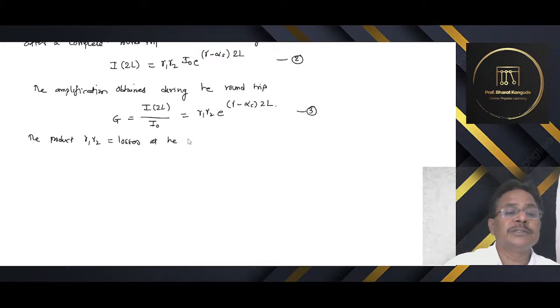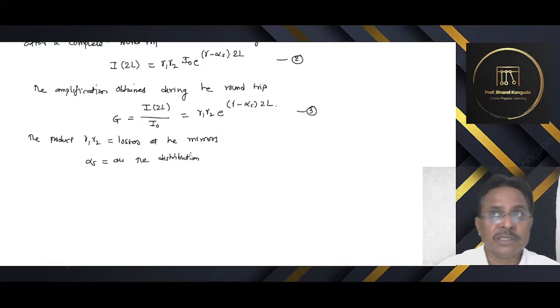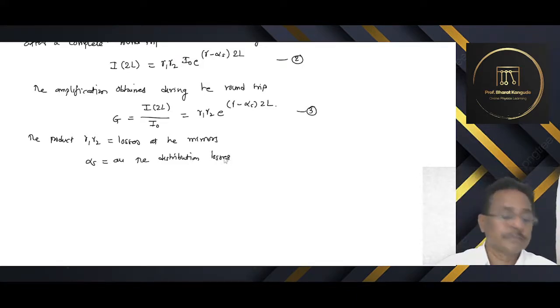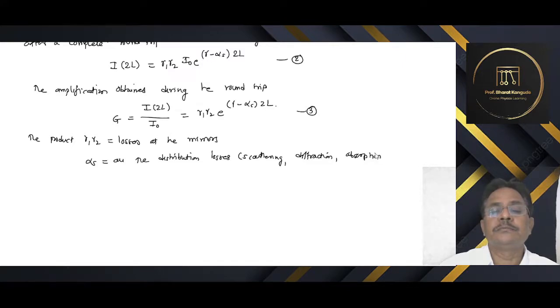Whereas alpha S represents all the distribution losses we have already seen: reflection, transmission, then diffraction, etc. Distribution losses such as scattering, diffraction, absorption, etc.